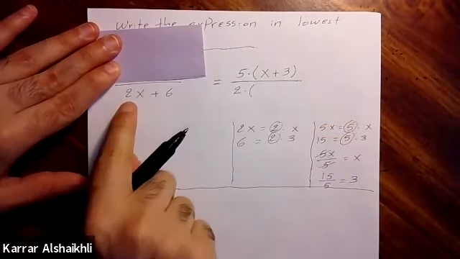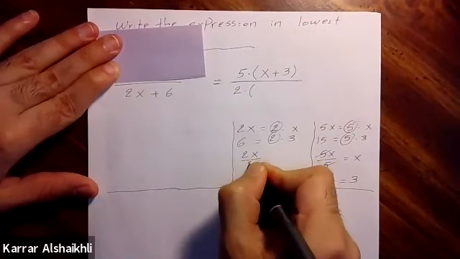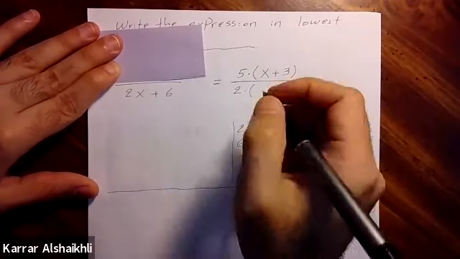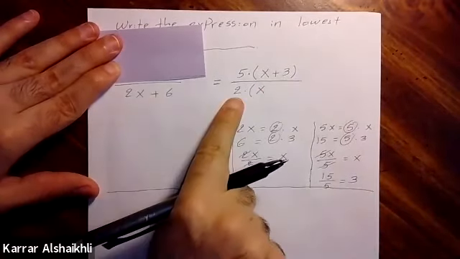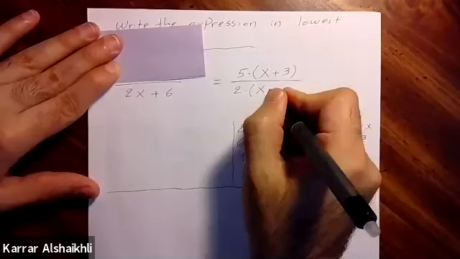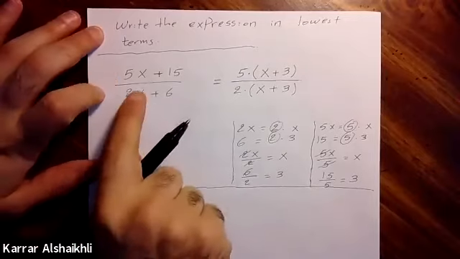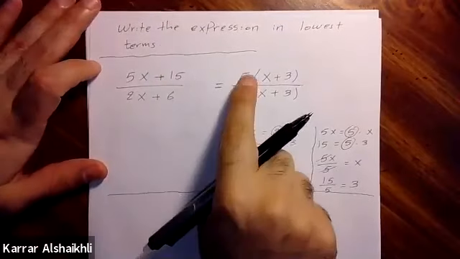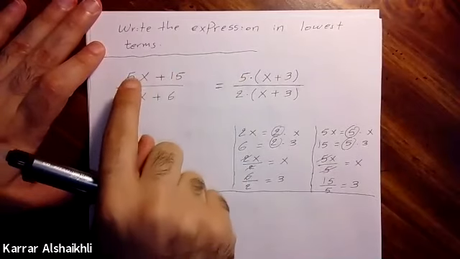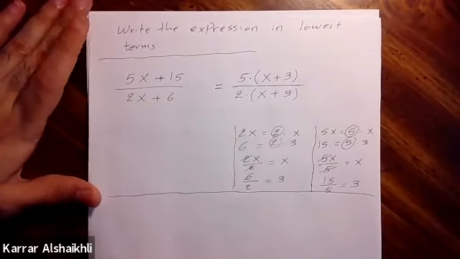Now we're going to divide. 2x divided by 2, cancel the 2, is just x. 6 divided by 2 is going to be 3. So it will be plus 3. Close the parentheses. Now, I convert the operation between the two terms to multiplication. How? By finding the greatest common factor from the top and the greatest common factor from the bottom.